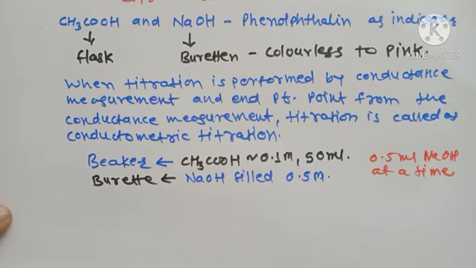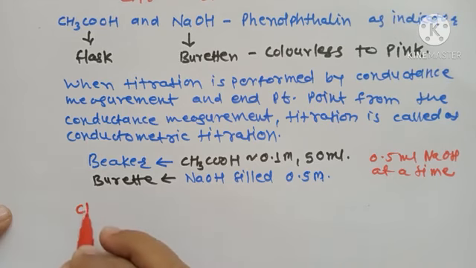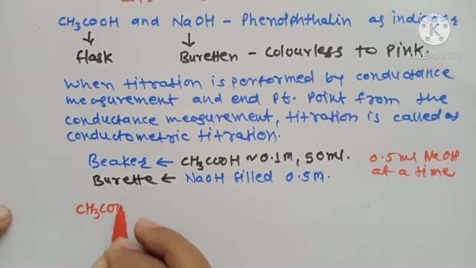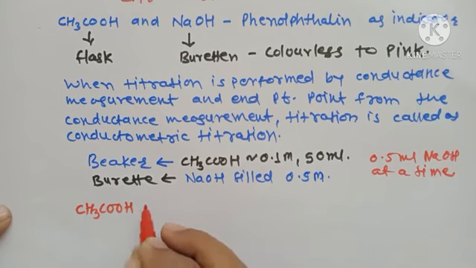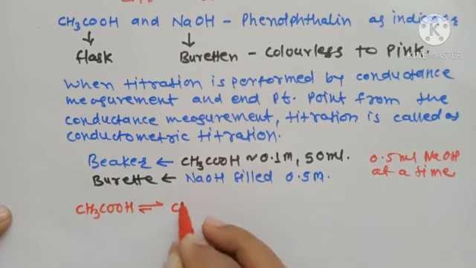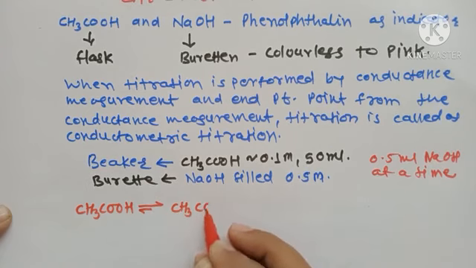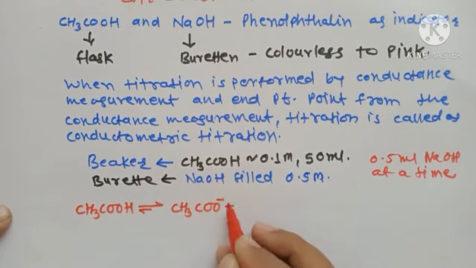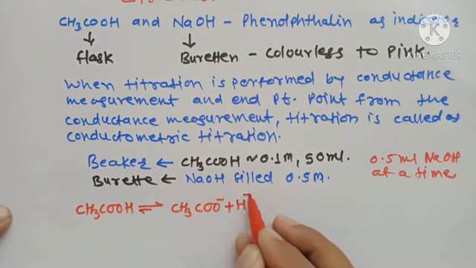Now what is the theoretical basis and how is the end point obtained? We have acetic acid, CH3COOH. It is a weak acid and it dissociates to a small extent, forming CH3COO minus plus H plus ion.